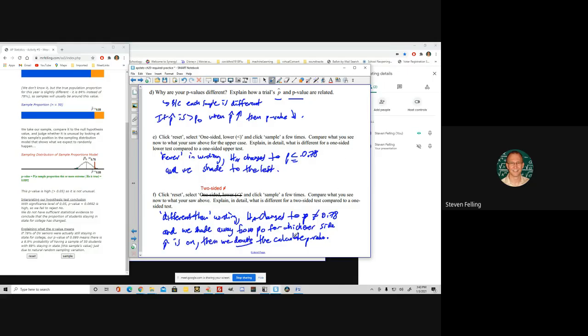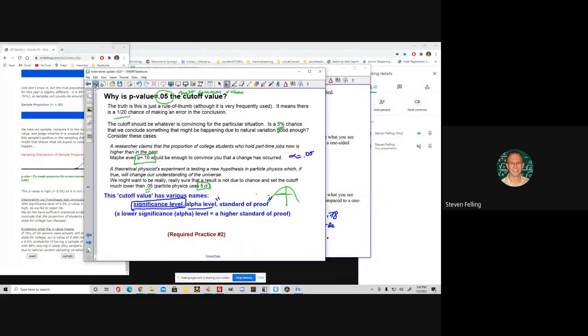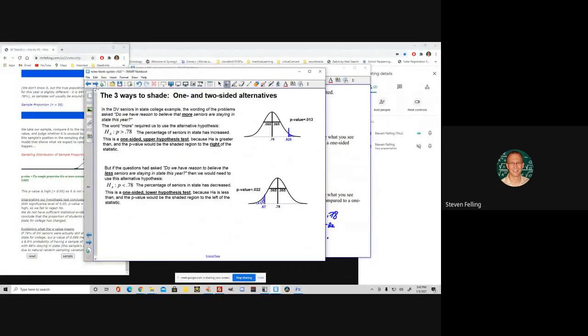Okay, let's go back to the notes. Now that we've done required practice 2, let's summarize what we said there about the shading. There are three ways to shade: one-sided alternatives, and two-sided alternatives.